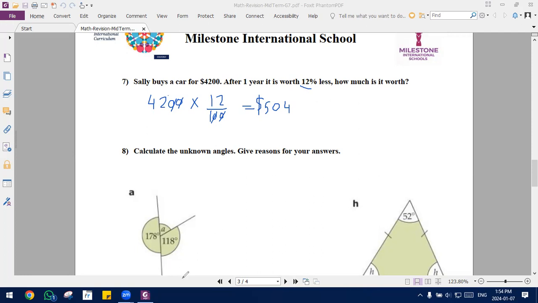So this is the dropped amount. So it will be reduced by 504. Now what do I have to do? We do 4,200 minus 504. So it will be 4,000. Oh, okay, sorry, no, minus 500.